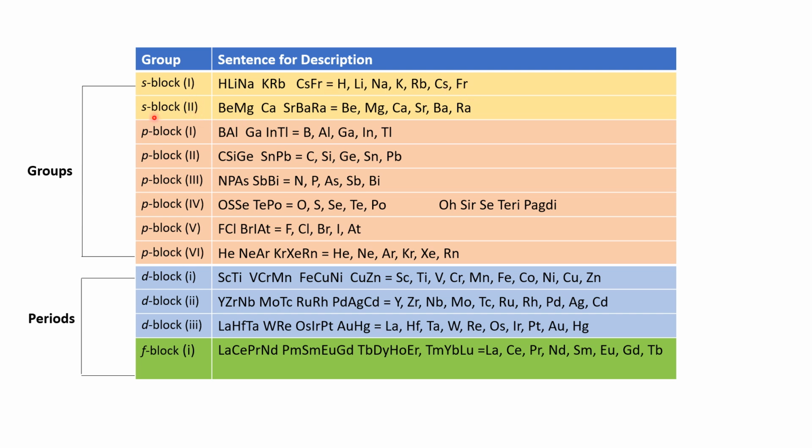In the second group of S block elements, we make these 3 words: Bimag Ka Sarbara, that is beryllium and magnesium for Bimag, Ca for calcium, and Sarbara for strontium, barium and radium.